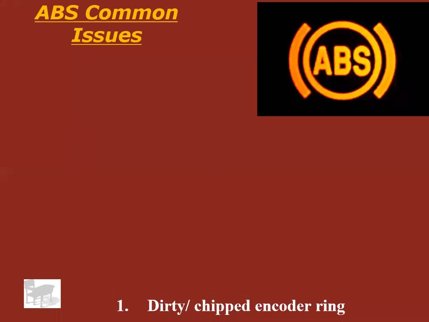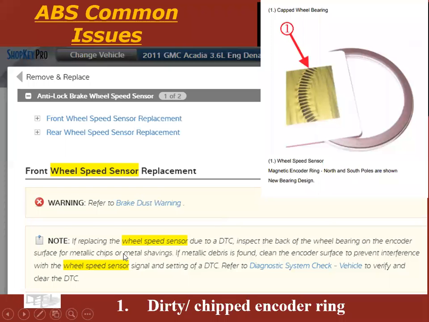In fact, that is such a common issue that if you go into ShopKey and ask for directions in the factory manual, I just used a 2011 GMC for an example, and ask how to replace a wheel speed sensor, not troubleshoot, how to replace it, it actually yells at you and says, hold on a second.